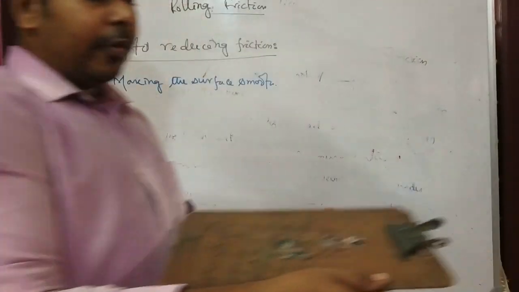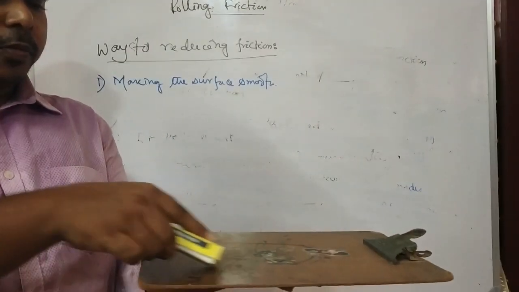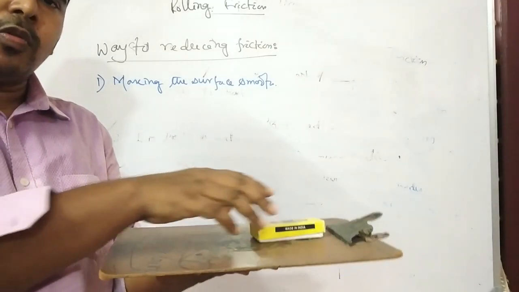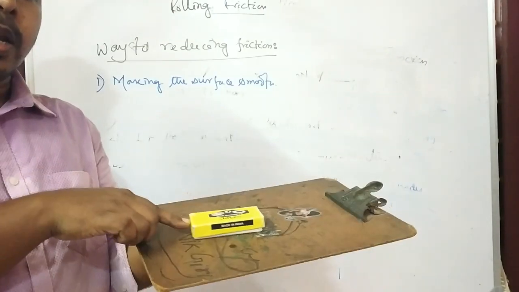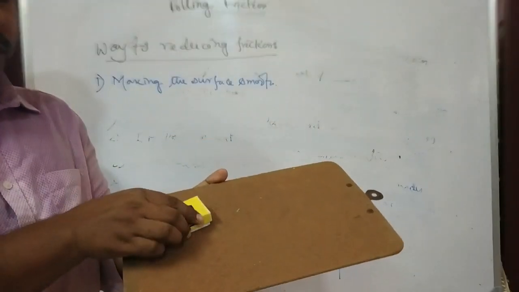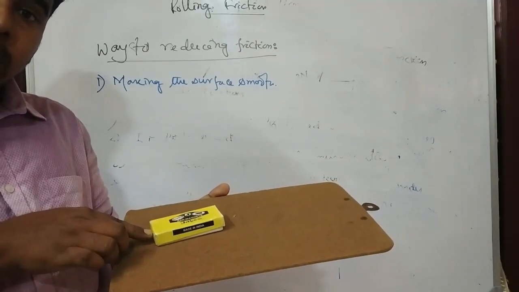If I'm talking about this pitch board, you see the surface is smooth. So if you apply less force, the body can slide over it. But if I take the back surface, you see this surface is rough, so here I have to apply more force.